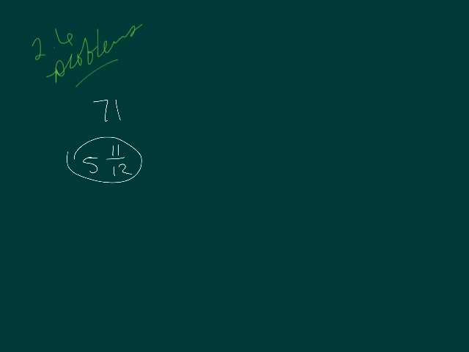So we're changing this to an improper fraction by multiplying these two, adding it to 11, and putting it over 12. Okay, so not too bad. They're pretty much telling you what they're asking you to come up with, and pretty self-explanatory. Let's look at number 28.